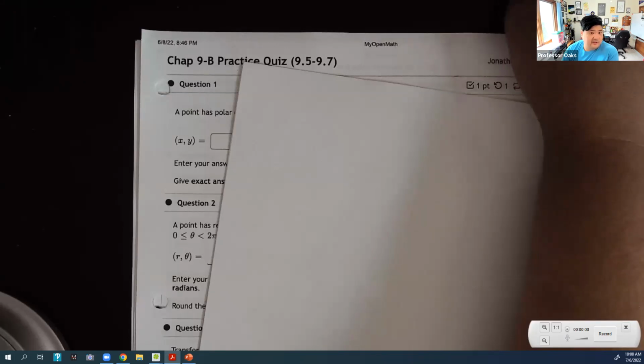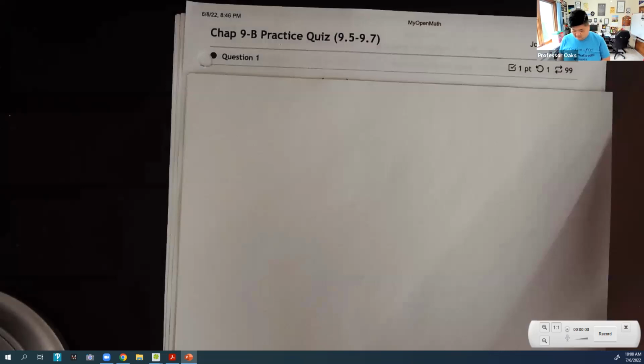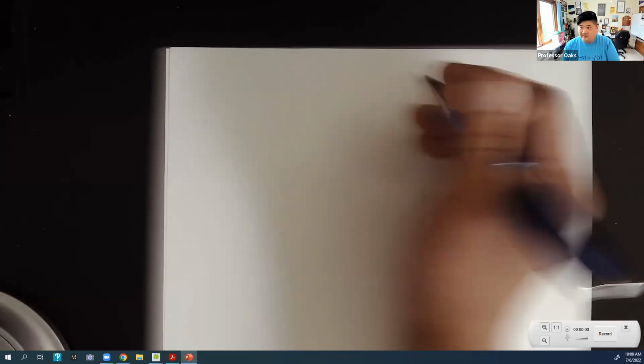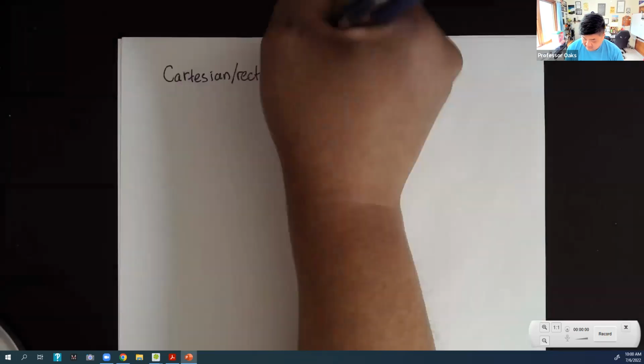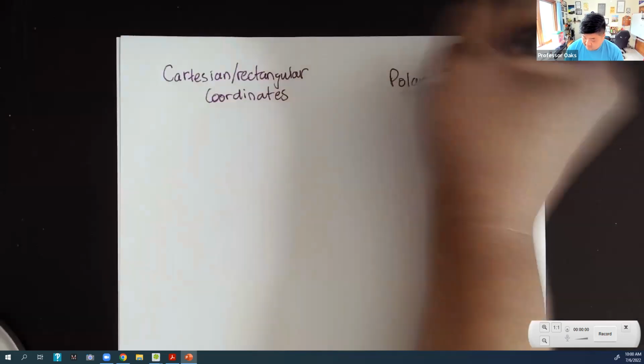But oh no, the PowerPoint is like 500 pages, so it might not load right away. So I'll just draw it for you. Let's say that you have Cartesian or rectangular coordinates, and then you have polar coordinates.